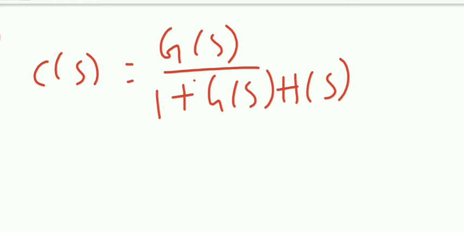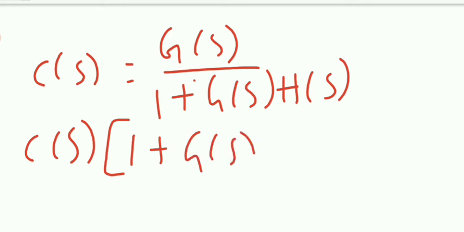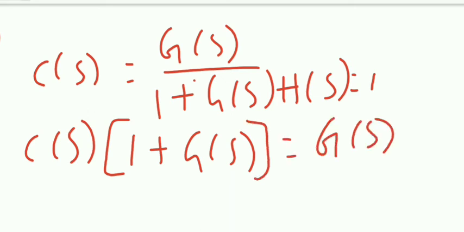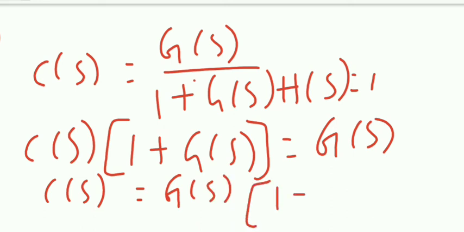So C of s is the closed loop transfer function, g of s divided by 1 plus g of s h of s. H of s equals 1 because it is a unity feedback system. So C of s equals g of s into 1 minus C of s.